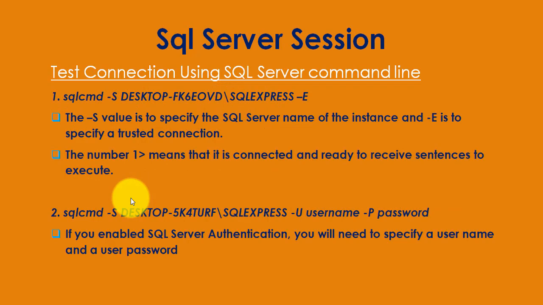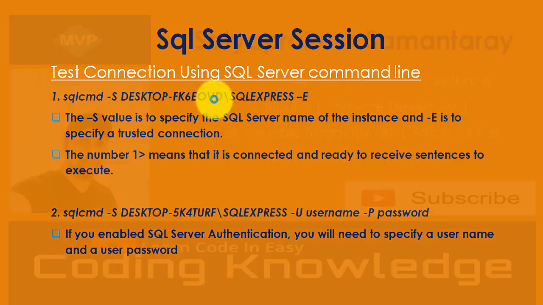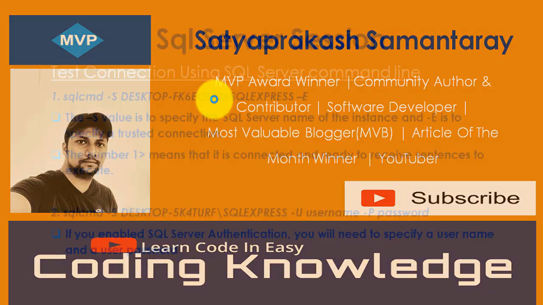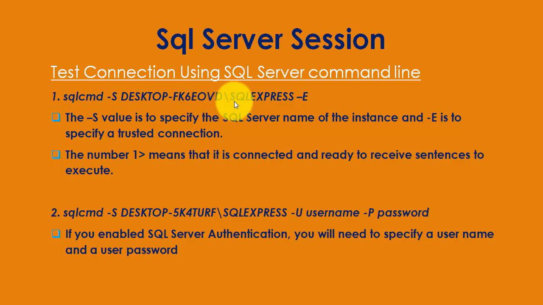And how to test connection using SQL command line? There are two commands. The first is sqlcmd -S, and this is my server name, yours should be different, slash SQLEXPRESS and -E.